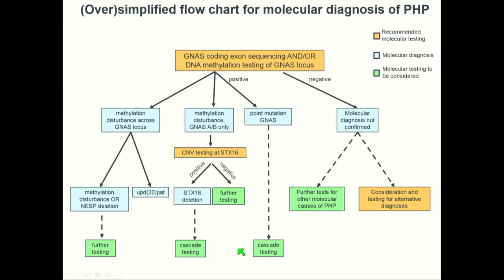And so I've just boiled it down a little bit. So if you want to molecularly diagnose a child who's got hypophosphatemia and hypocalcemia and who may or may not have features of AHO, then this is what you need to do. You need to combine gene sequencing and imprinting analysis, and then depending on the results, you will get a different molecular diagnosis. And so I think this is broadly how this disorder should be treated molecularly.